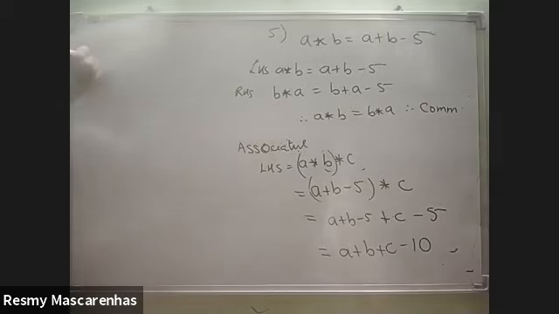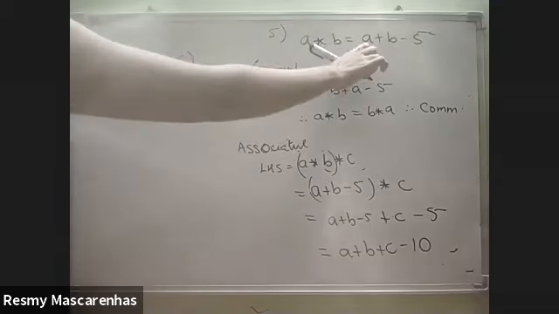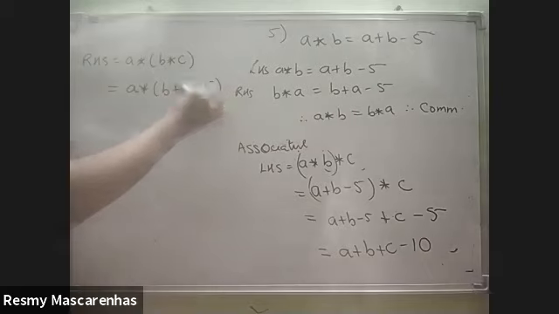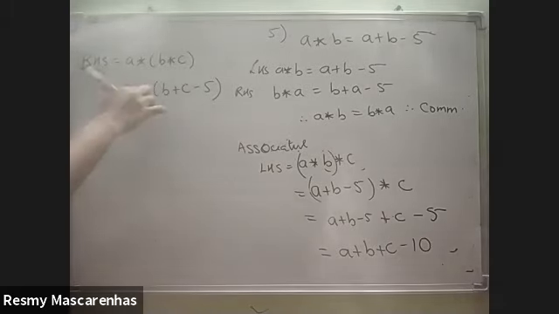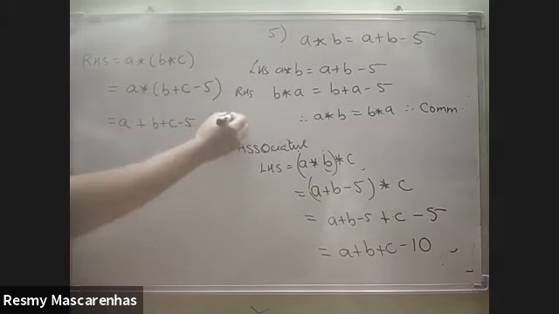Okay, same way, apply your right hand side. A star B star C. So as per the formula, here it will be B, here it will be C, minus 5. Okay, so this is like a A and this is like a B. A star B will be A plus B, this is B minus 5.